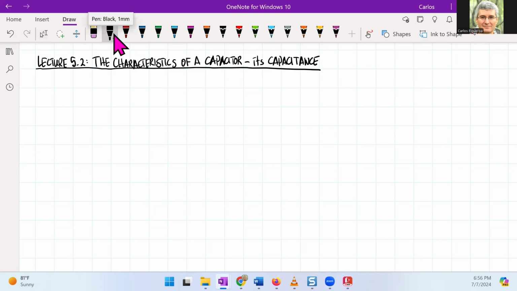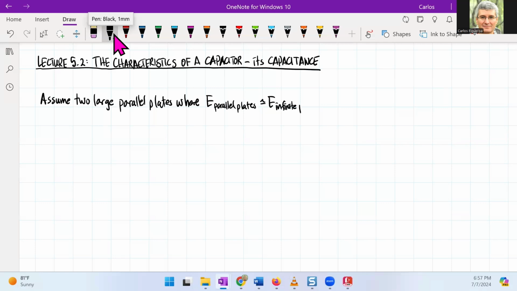And so what we'll start off with is that we assume two large parallel plates, where we could then say that the electric field of the parallel plates is a very good approximation to the infinite plates or infinite planes.